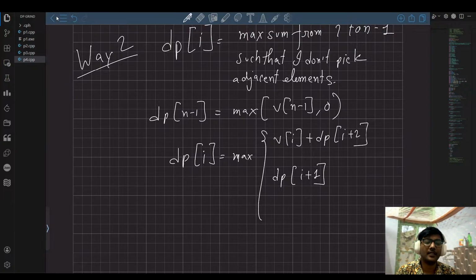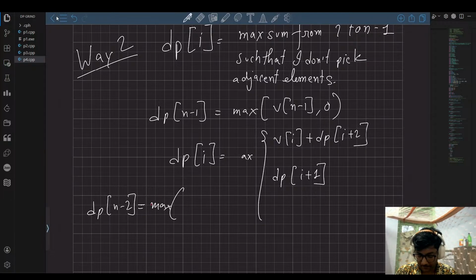Of course, if there are two elements, I have to say that dp of n minus 2 should be defined as max of v of n minus 1 comma v of n minus 2. Just taking care of bounds. Okay.